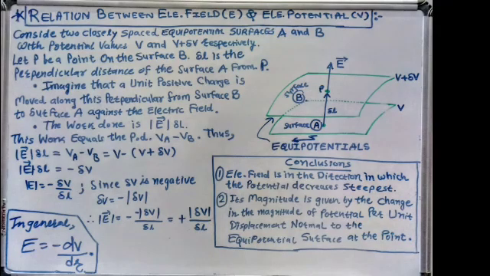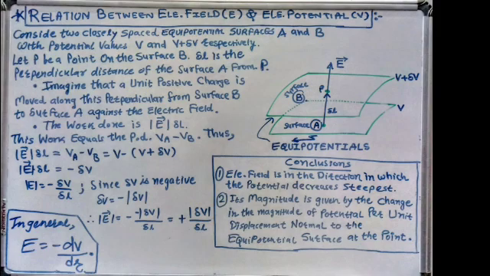Now let us take the relation between electric field and electric potential. Consider two closely spaced equipotential surfaces A and B with potential values V and V plus delta V respectively.